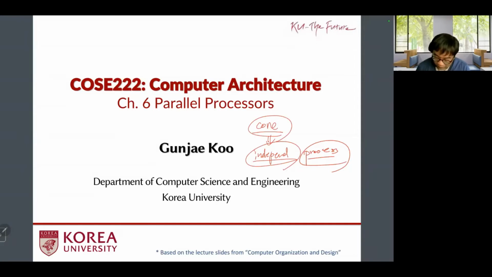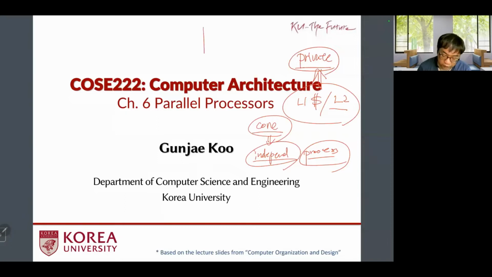Okay, so core means an independent processor, and when we mention a core, this core includes the level 1 caches, so the level 1 instruction cache and then data cache. Also, most cores include the level 2 cache. So which means that we call these caches private caches.